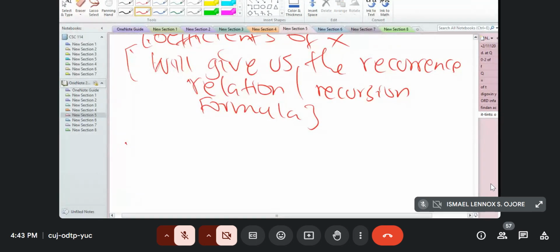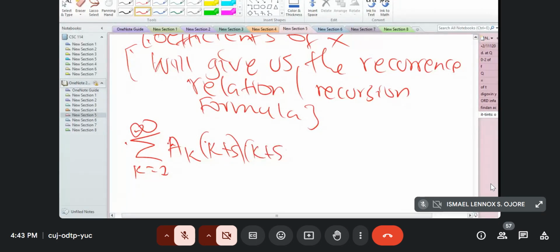Summation from k equals 2 to infinity, ak times k plus s times k plus s minus 1, plus summation from k equals 2 to infinity. The summation is common, so we have it factored outside.